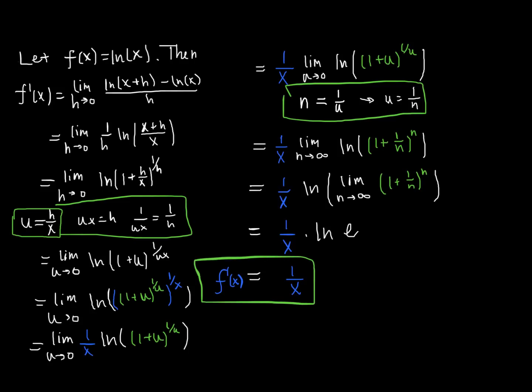So a couple questions you might have, and the first is, remember I made these substitutions, u and n, and the way that we were able to make them is that we'd have to come back at the end, and wherever we had an n, we'd have to substitute back in a 1 over u. And wherever we had a u, we'd have to come back and substitute in an h over x. But when we evaluated our limit, we ended up with no n's and no u's, so there was no need for us to go back and substitute back in.